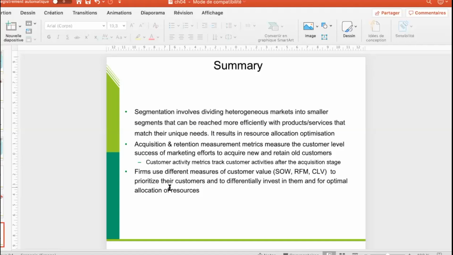Here, by doing it individually, you see clearly what happens if you invest €1 in one individual customer. You can see directly the impact on share of wallet, on recency, on frequency, on monetary amount, or even subsequently on customer lifetime. So this is very important, and that is why CRM is replacing traditional transactional marketing based on aggregate rough indicators.